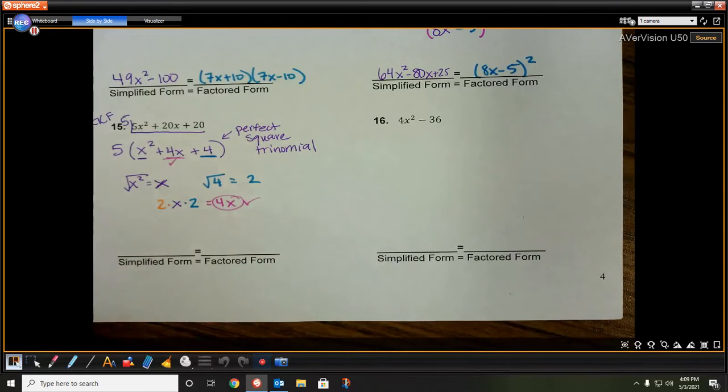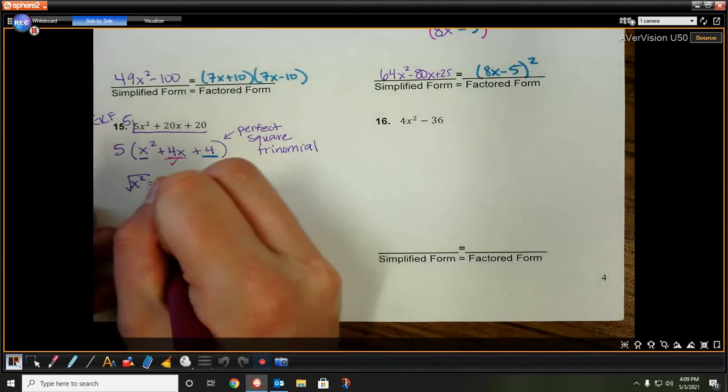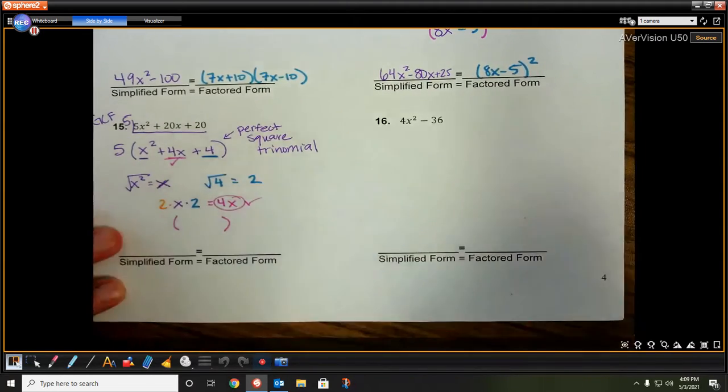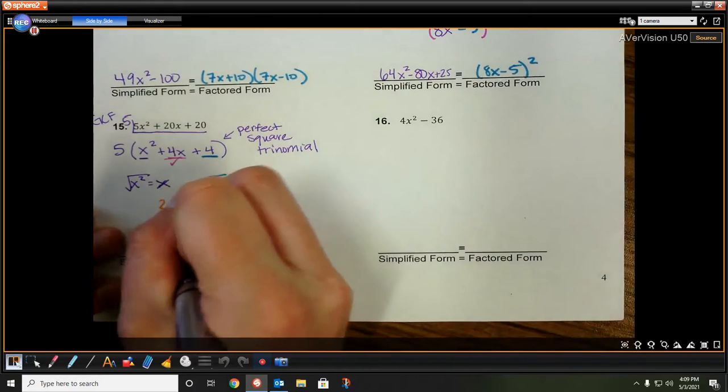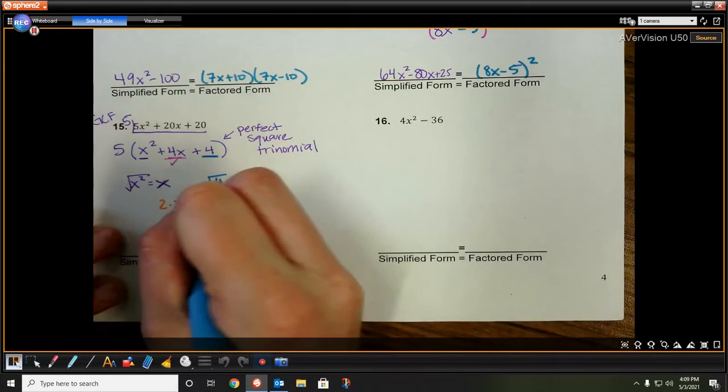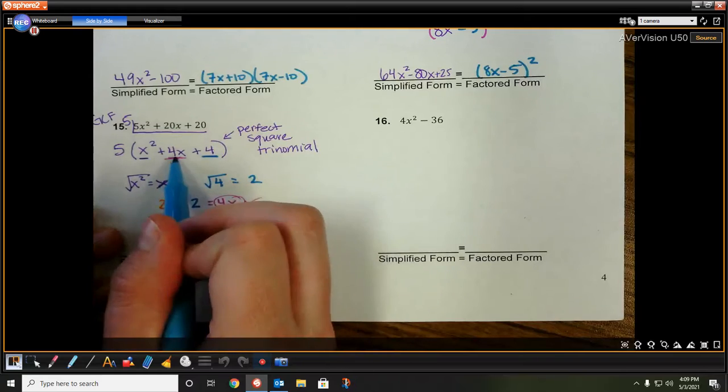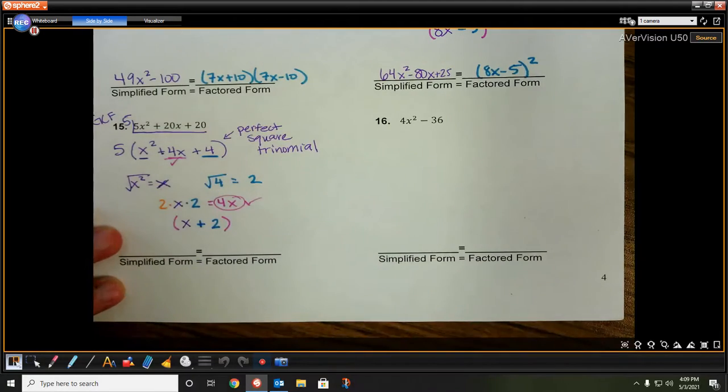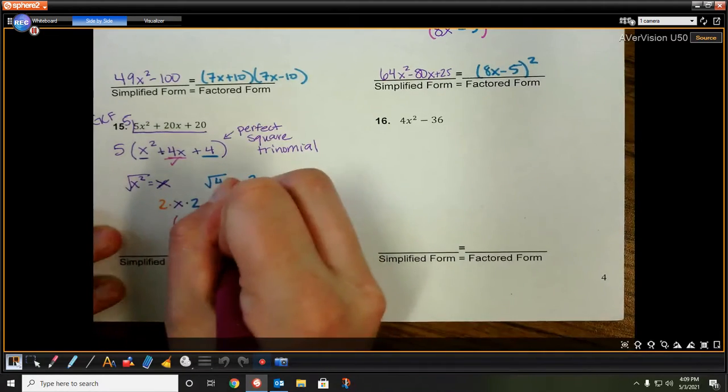All right? So we can rewrite this guy as, let's see, I'm going to do it in a parenthesis. So it would be x, that's our a value, and I'm going to say plus 2, because we have a plus sign right there, and that would be squared.